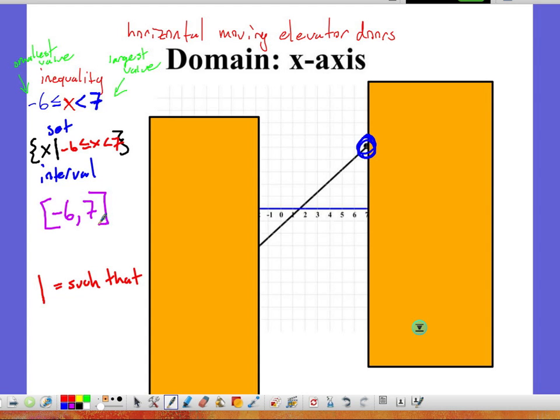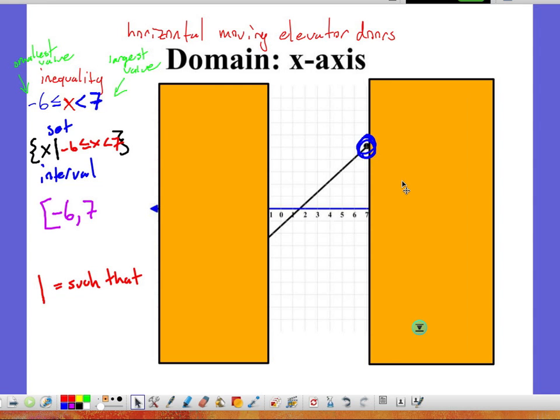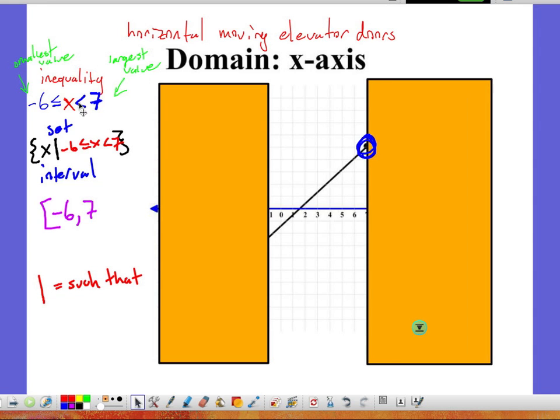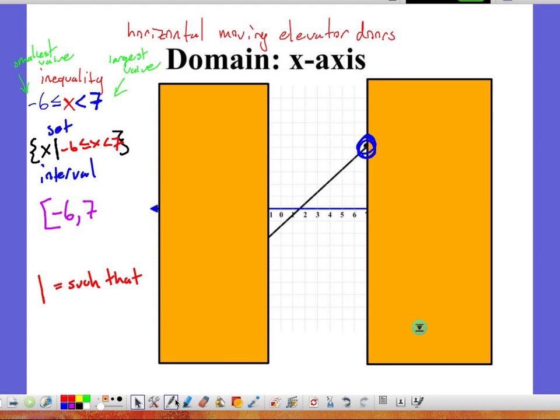Now, am I going to use a close bracket here? I'm not sure yet. So let's look at where 7 is at. At 7, I have an open circle, and in my inequality I had less than between x and 7. So I have less than and I have an open circle. That means I'm going to use parentheses. So on the side of the 7, I'm using parentheses.